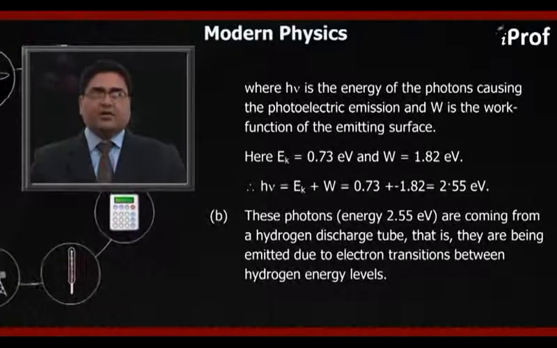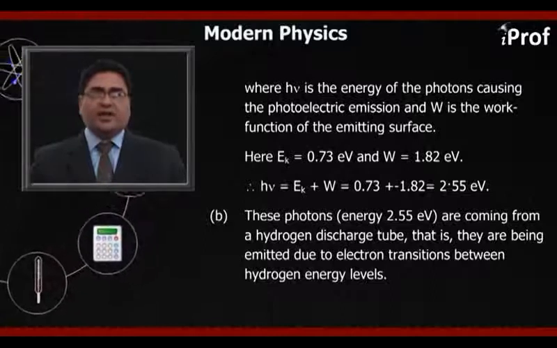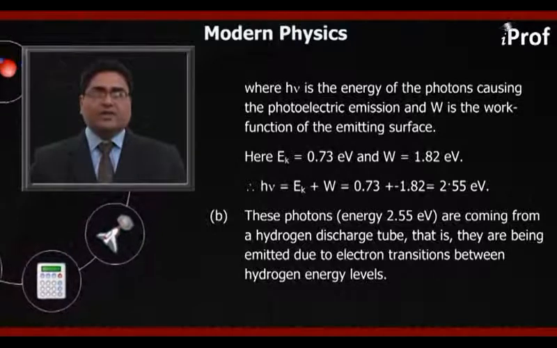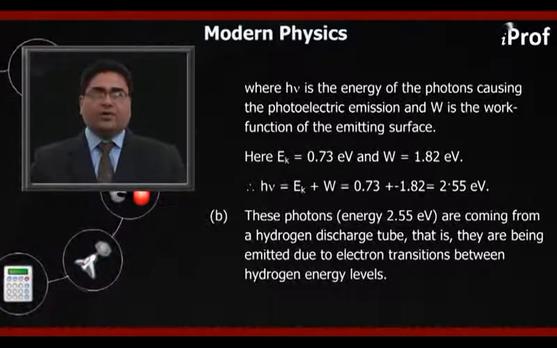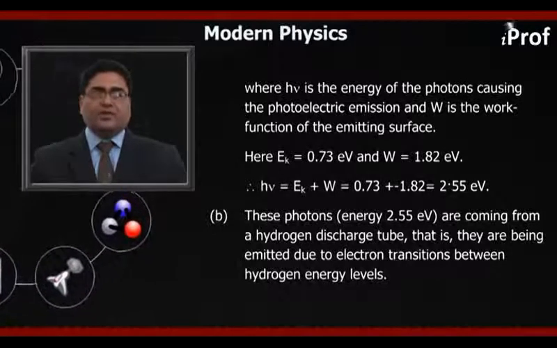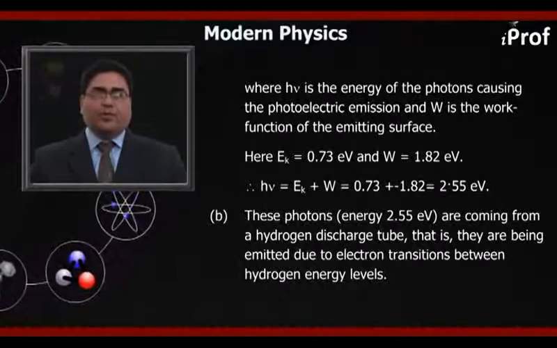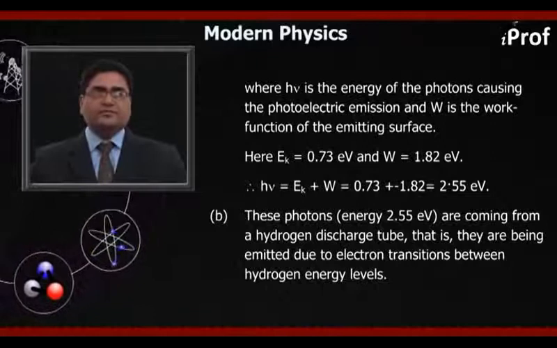Here Ek equal to 0.73 electron volt and W equal to 1.82 electron volt. Therefore hν equal to Ek plus W equal to 0.73 plus 1.82 equal to 2.55 electron volt.